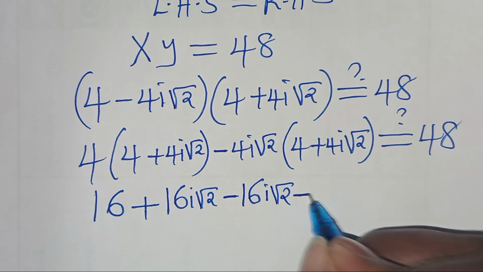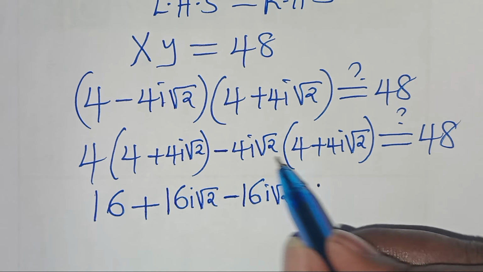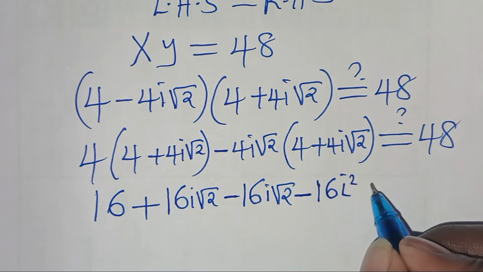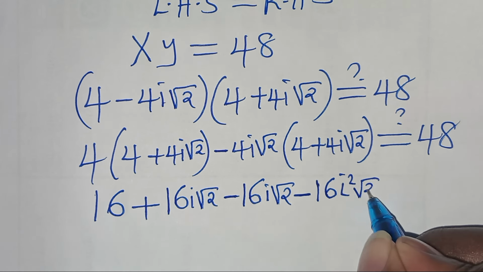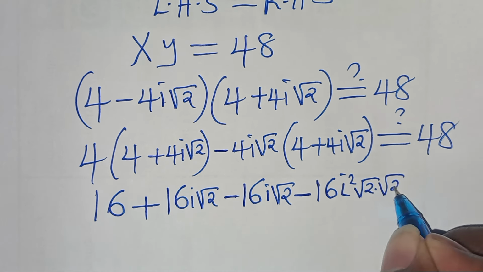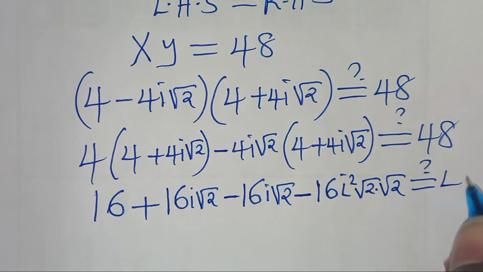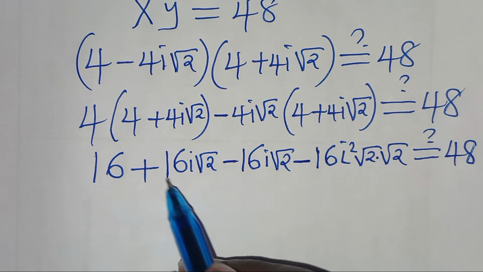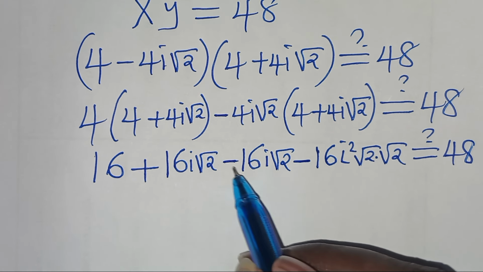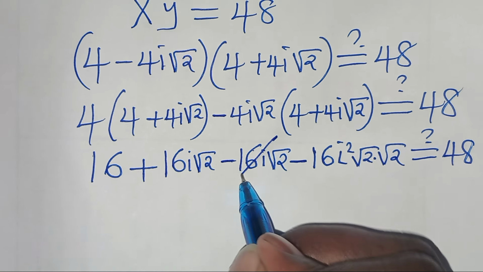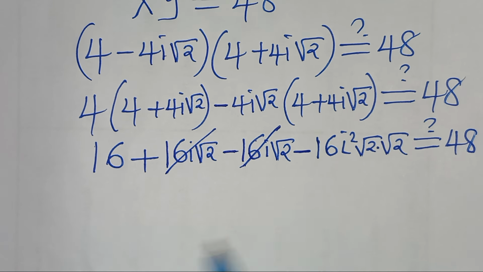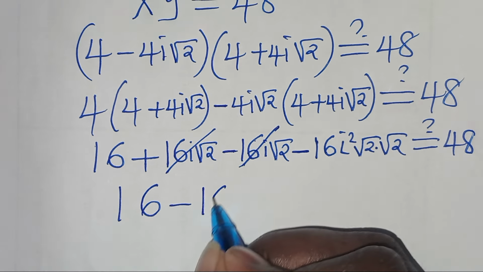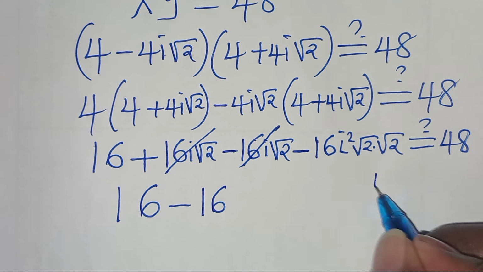This becomes minus 16i squared, then we have square root of 2 times square root of 2. This should give us a value of 48. Now, we have plus 16i square root of 2 minus 16i square root of 2. This simplifies. And then now we have 16 minus 16 i squared.